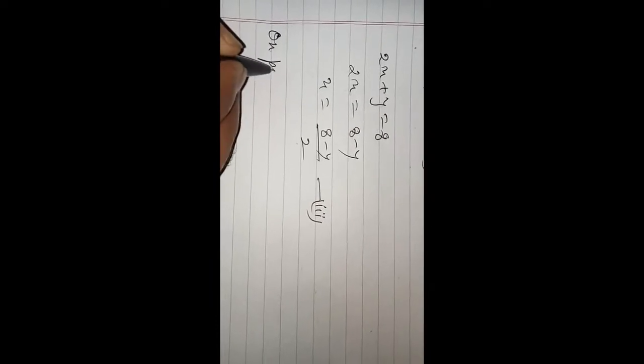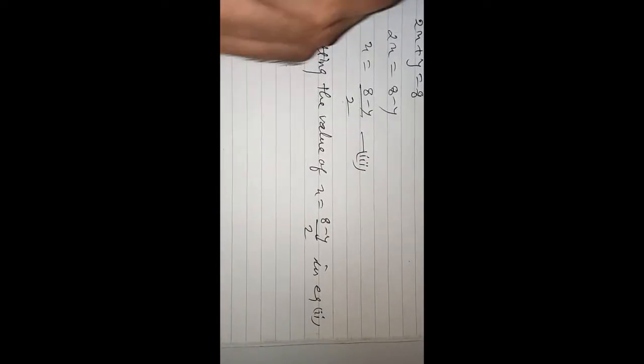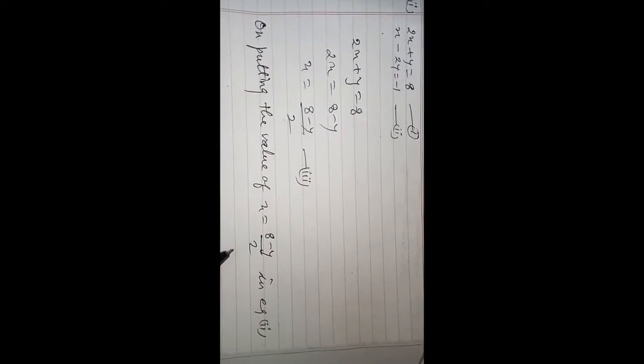This is equation third. Now on putting the value of x equal to 8 minus y upon 2 in equation second, it should be noted that if we find the value of x or y from equation first, then we put this value in equation second.